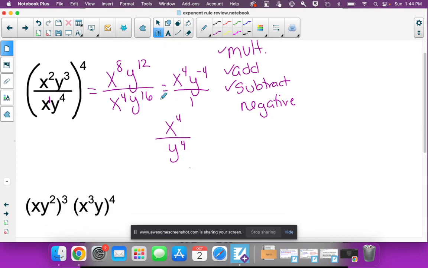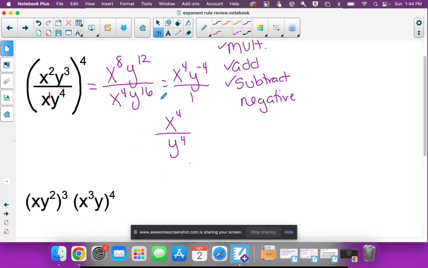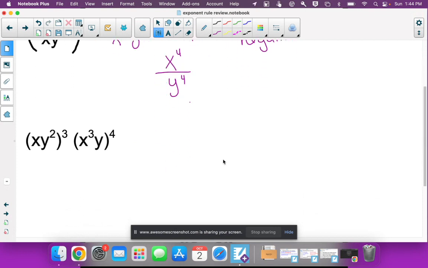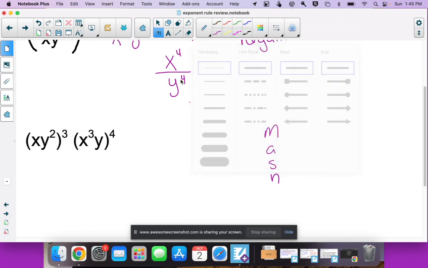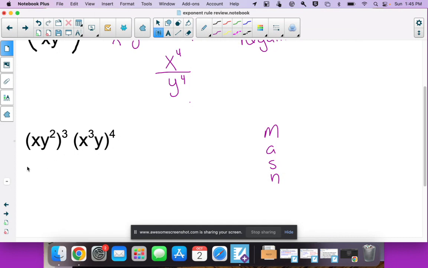Okay, so let's try another one. And again, multiply, add, subtract, negative. All right, so multiplication rule. Again, I have parentheses with an extra exponent, so I know I'm going to do my multiplication rule. So that's going to be x to the 3rd, y to the 6th for the first one, because there's that invisible 1.